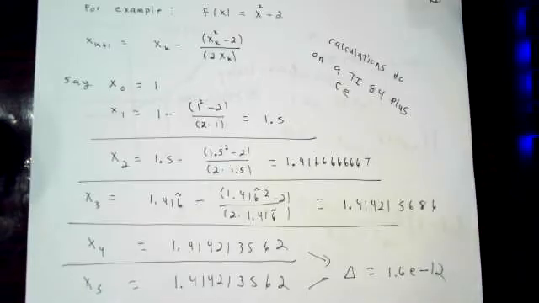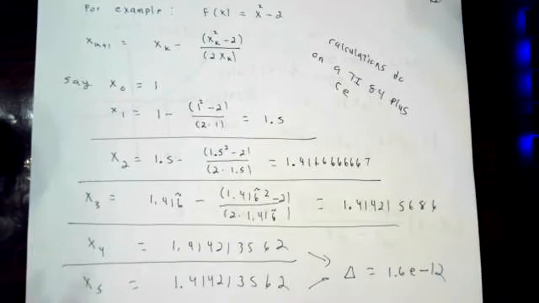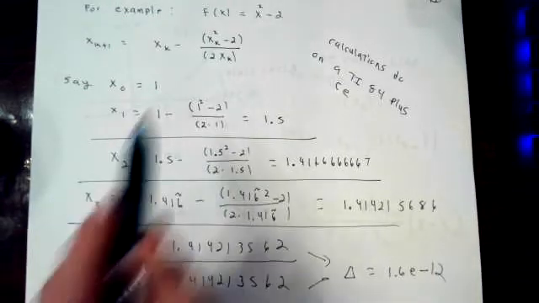As before, I'm going to do at least a few steps of this on a problem whose solution I know. I'm going to try to solve f of x equals 0, where f of x is x squared minus 2. I'm going to try to get the positive solution, which is radical 2. My first guess, I'll call it x0. I could start at 1. That's just an indexing matter.